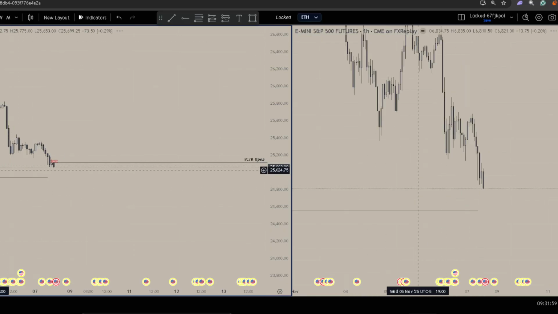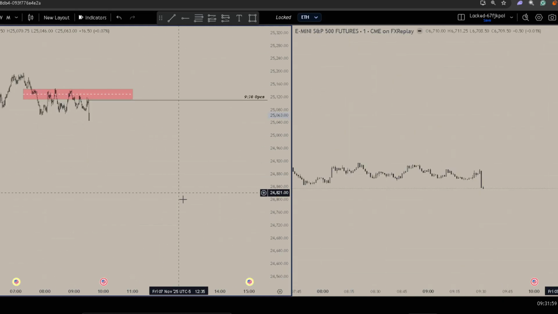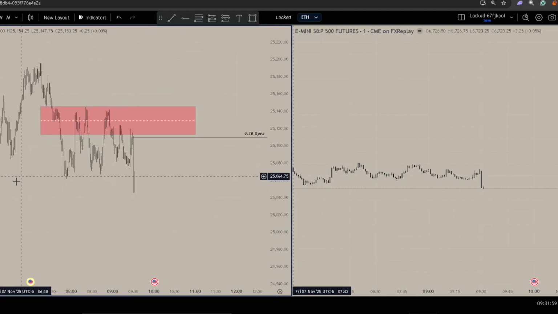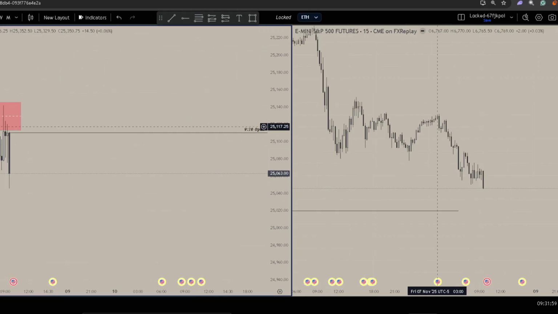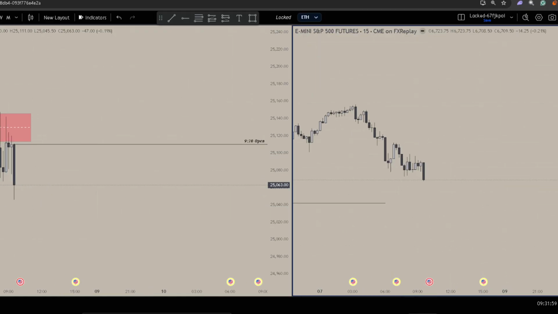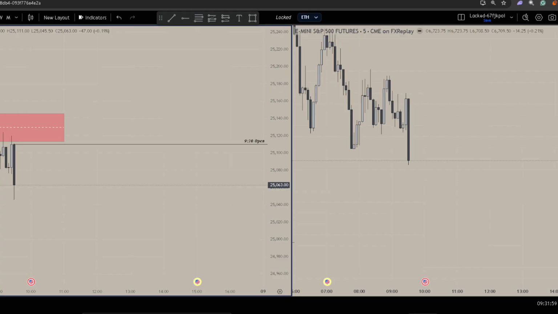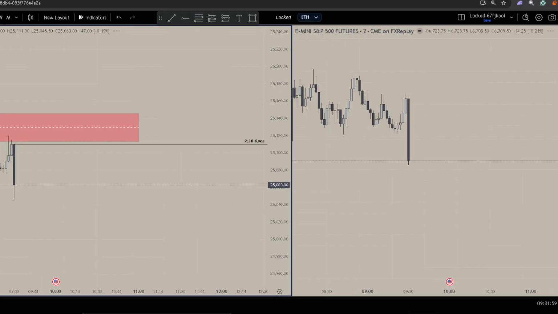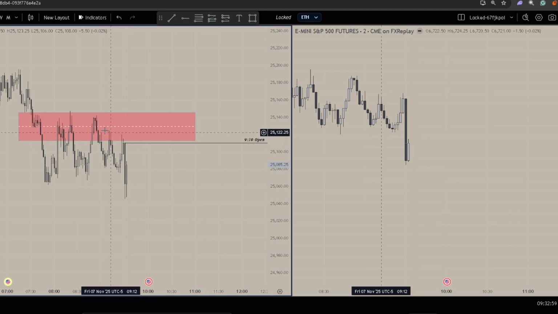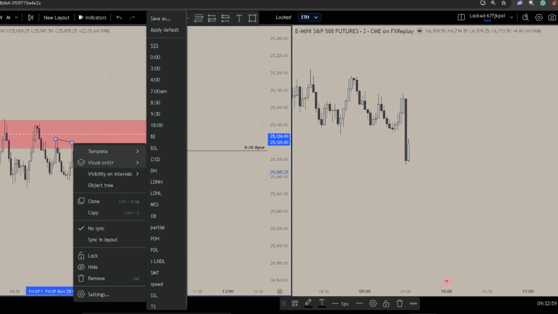So I'm anticipating we're going to take out that low and then push higher, to be honest. And if we don't take out that low, we have an SMT of some sort. Oh, okay, hold on. This might be our bus to take the ride lower.